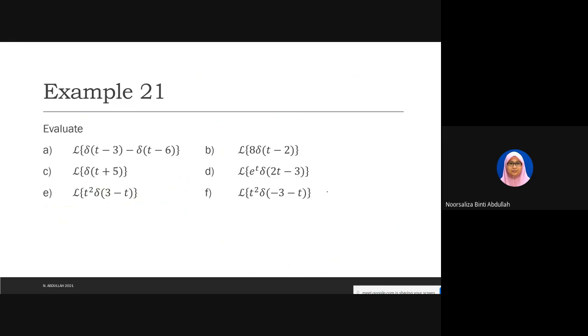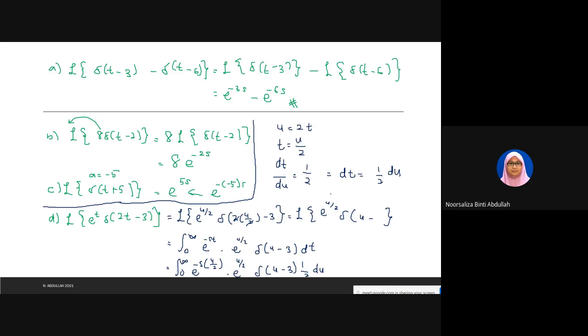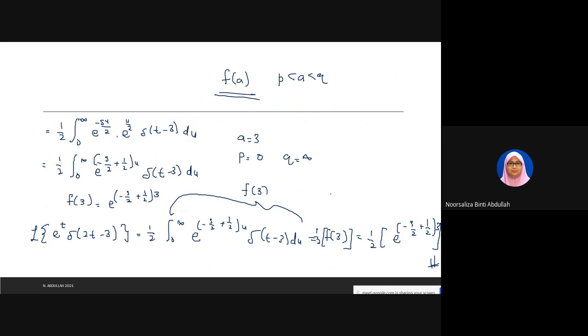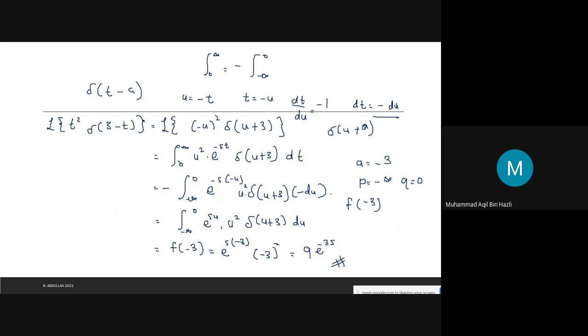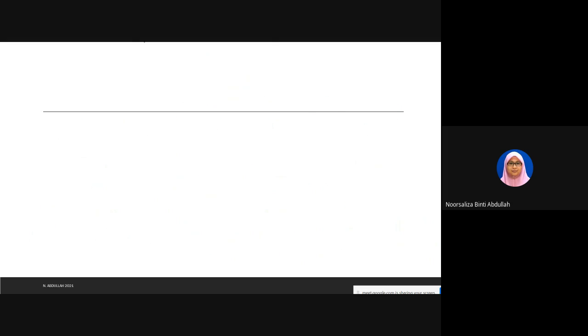So from here, what is your a? Is your a equal to minus 3? Okay, 3. Do it again like before, like what you did for this one. Our expression is t square delta minus 3 minus t. Oh sorry, there is no dt.